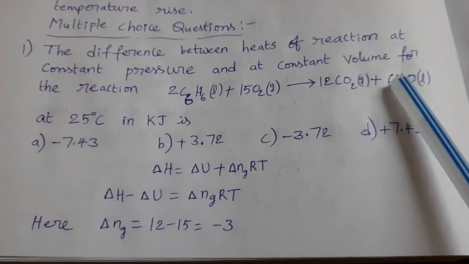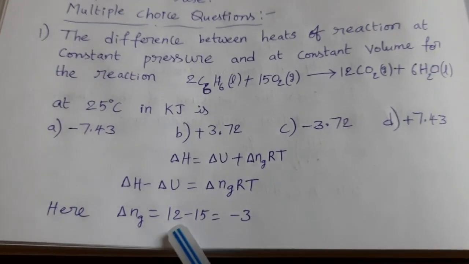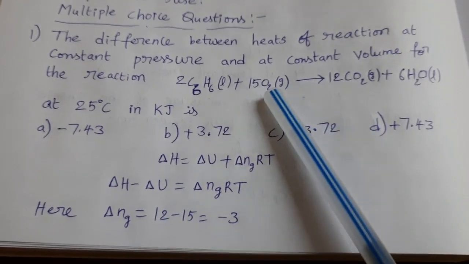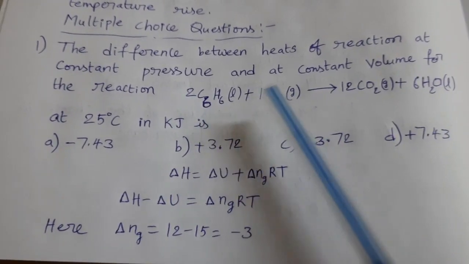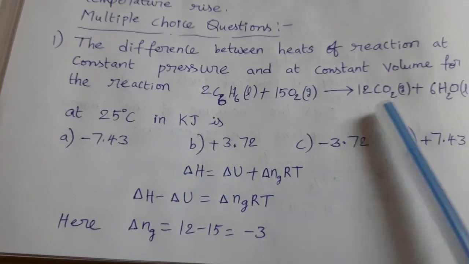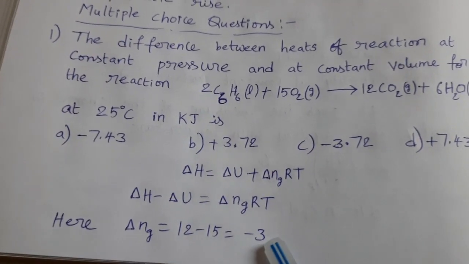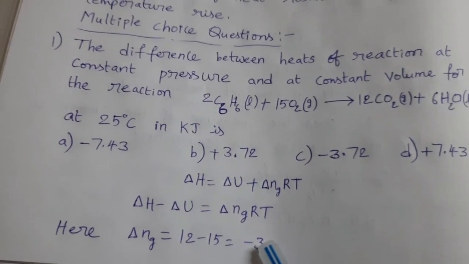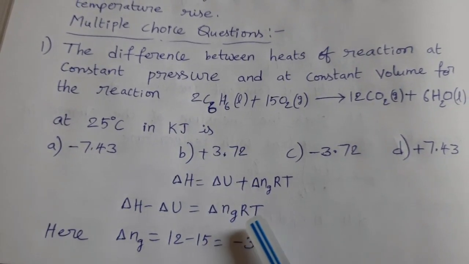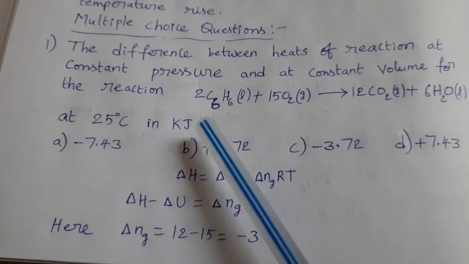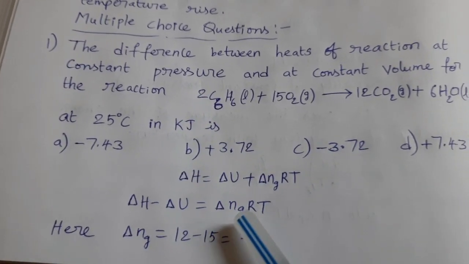For this given reaction delta Ng equal to 12 minus 15. This is liquid, this one also liquid, we need not consider. Only gases we have to consider. So 12 minus 15, that equal to minus 3. Substitute this value here, and R value we should take in terms of kilojoules, because the given options are given in kilojoules.